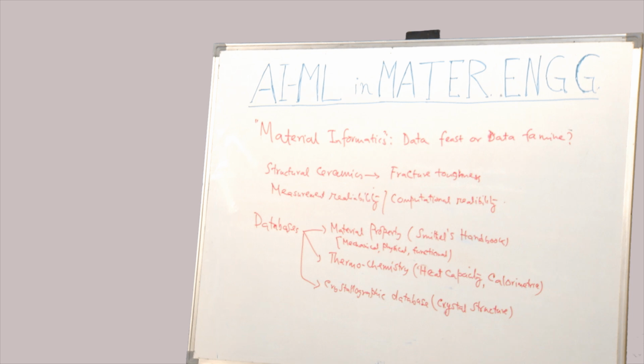But before we move into what kind of databases and what we can do, let me also tell you that long back there was a person called Michael Ashby from Cambridge University. He proposed a chart, the Ashby map, by his name. There he used to take all the material property data and cluster them.